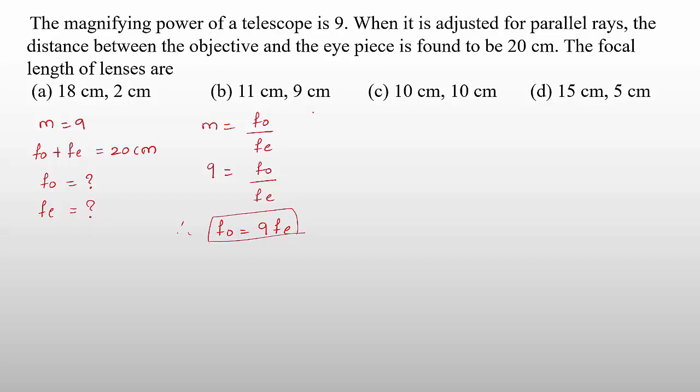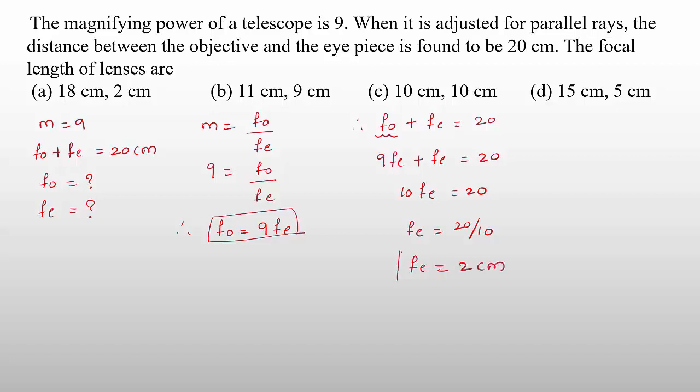Now we can use fo plus fe equal to 20 centimeter. In place of fo, we can write 9 fe plus fe equal to 20. So that will be 10 fe equal to 20, fe equal to 20 divided by 10. So fe is 2 centimeter.